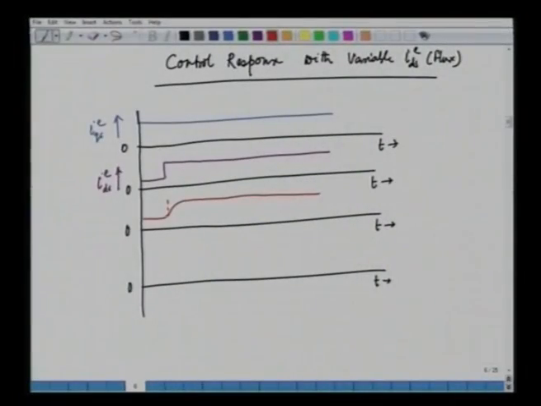So, if we change IDAC, the flux component, that is psi dr, does not change instantaneously, it is delayed, and due to the delay in flux, the torque will also be delayed. So, if we see the torque in this case, this is the torque. Initially the torque was some value, and the torque will also be delayed. This is Te, and this is psi dre.